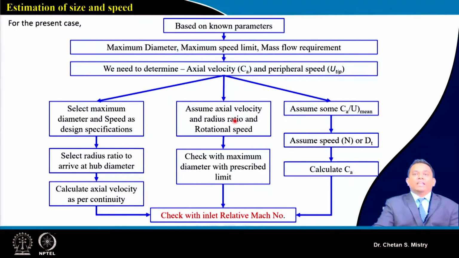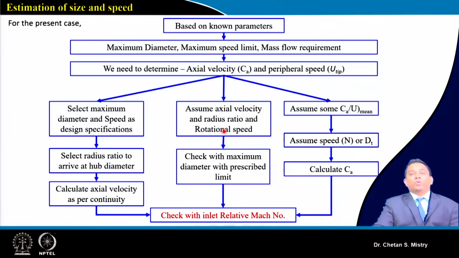Second approach, you can assume your axial velocity. The radius ratio and rotational speed also you can assume. Suppose the radius ratio at the entry is given to you, you can use that. Suppose it is not given, you can assume your radius ratio. Rotational speed also you can assume.